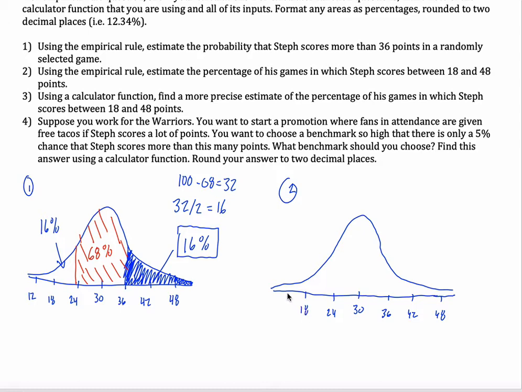And then in this problem, instead of figuring out the probability that he scores more than 36 points, in other words, the area shaded to the right of 36, what I'm supposed to figure out is the probability he scores between 18 and 48. In other words, the area in between 18 and 48, so this large shaded region here.